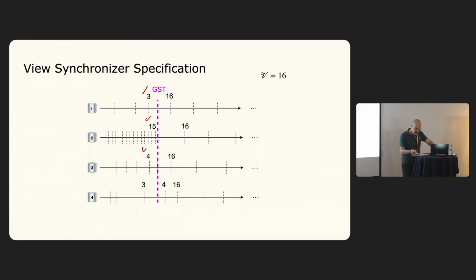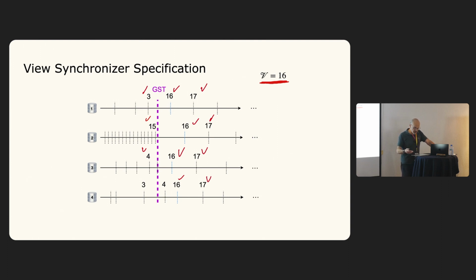The first property ensures that there is a view that every correct process enters after global stabilization time. And then we know that every subsequent view is also entered by all processes.